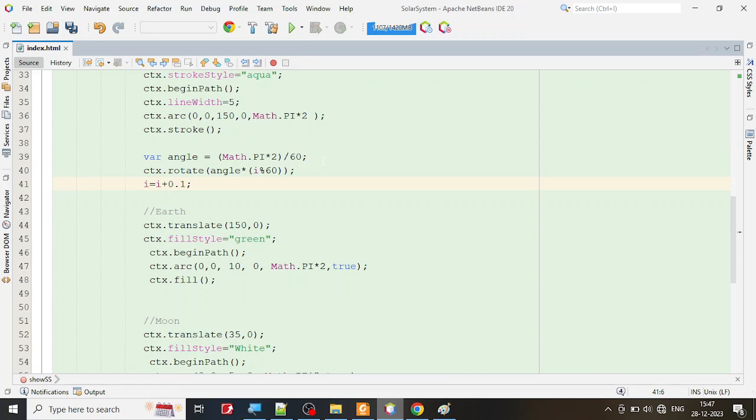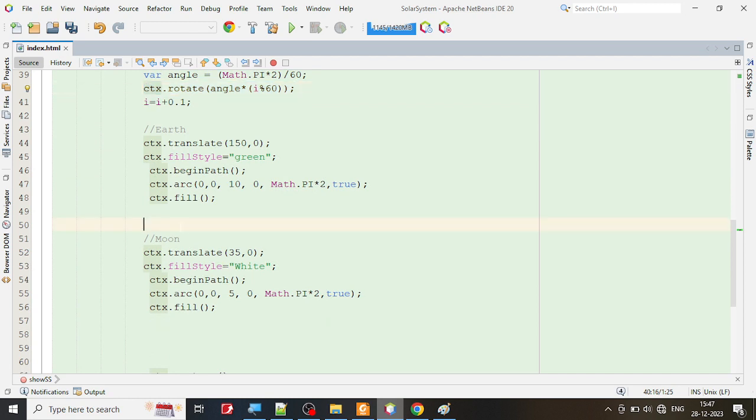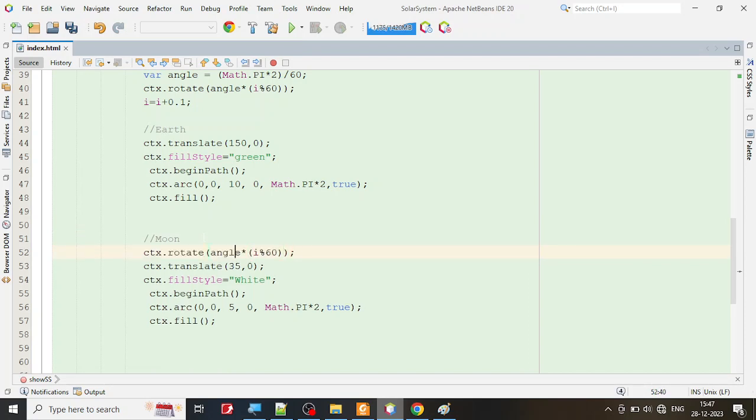This angle that you have seen here is going to rotate it this much. So this is my moon, which is translating. This moon I'm going to rotate, the whole story is the same. 12 times it is rotating, it's as simple as that.